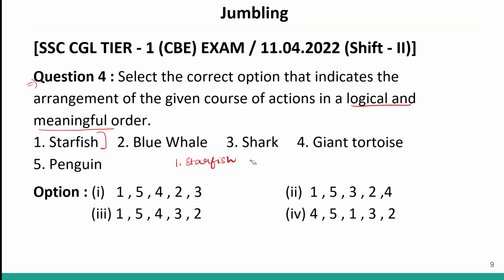Then the second one will be penguin. After that, we'll get giant tortoise. After this, we'll get shark. And after shark, we'll get blue whale because we know that it is a very big animal.